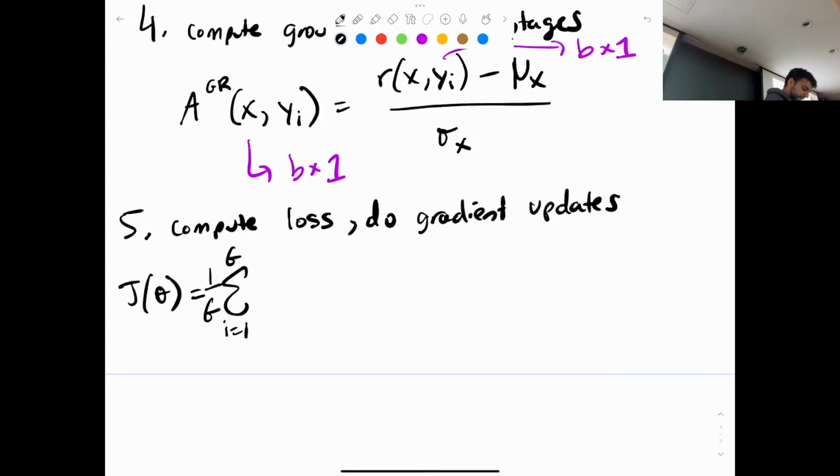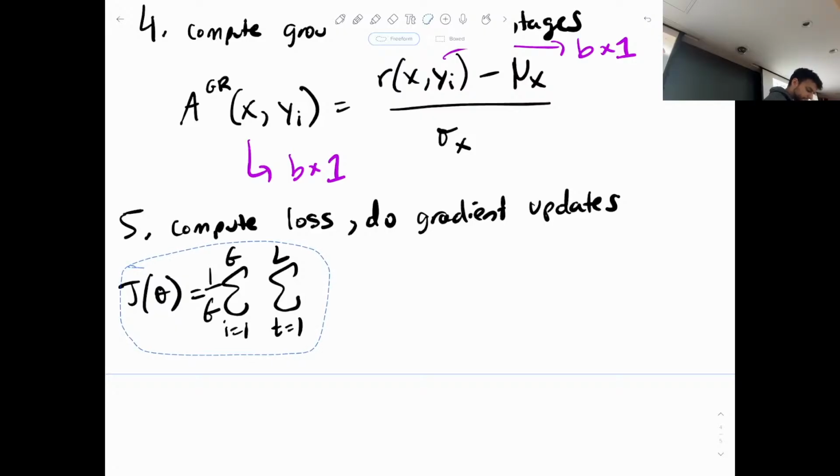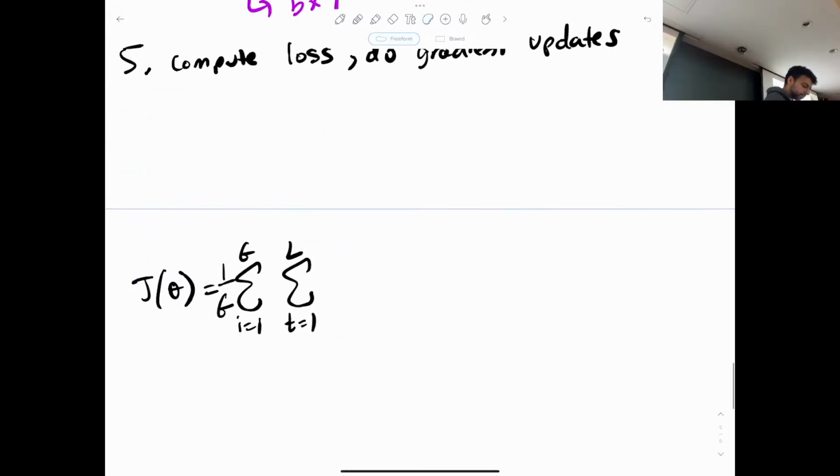So we'll use i here to denote the index of the response. And then we will use t to denote the token position. So here, this will iterate from 1 to L. And I guess I should have written this on a new page because we have to do all our same clipping stuff. So we'll take the minimum of the policy ratio times our group advantage of x, y, i.